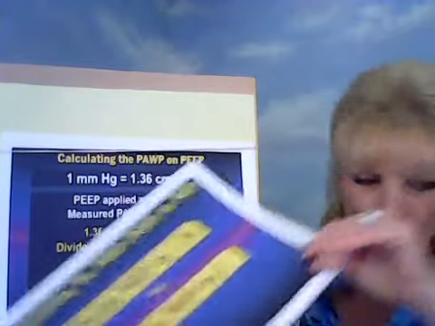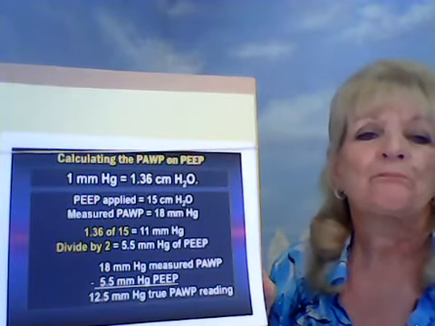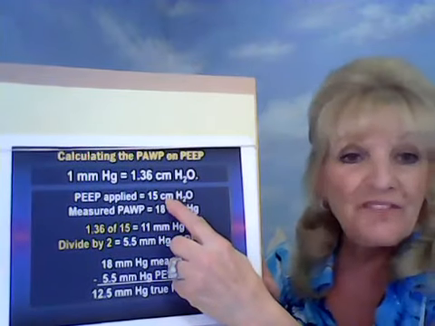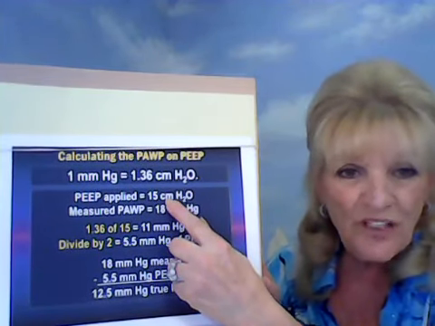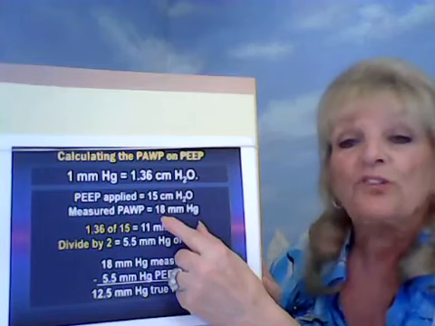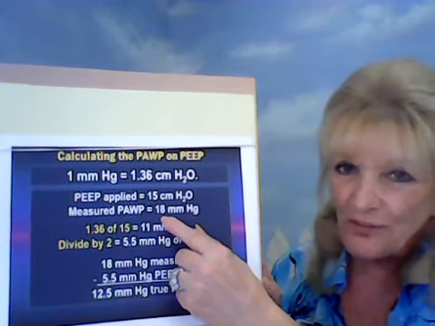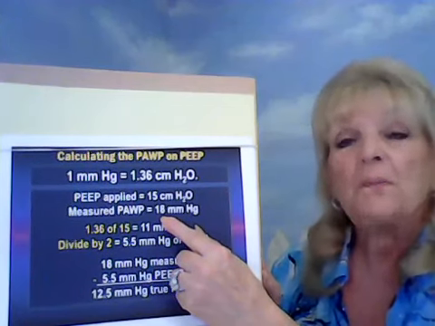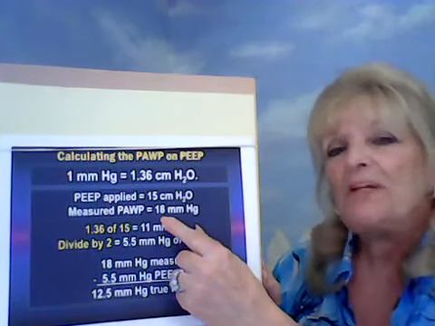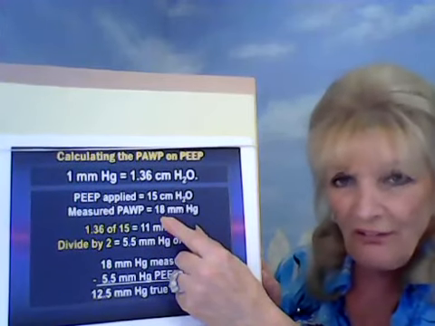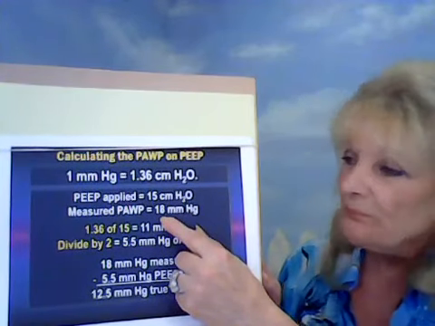All right, so let me show you how it all works. Let's say you have someone on a PEEP of 15. You did a wedge pressure, and you got a wedge pressure of 18. That's not an accurate wedge pressure. Why? Because he's on a PEEP greater than 10. Being on a PEEP greater than 10 increases your intrathoracic pressure, and it'll affect your wedge pressure.